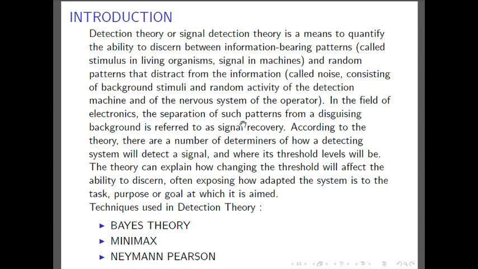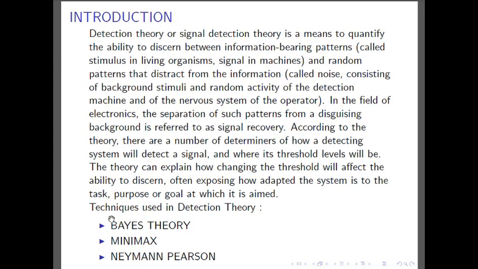According to the theory, there are a number of determiners of how a detecting system will detect a signal and where its threshold levels will be. The theory can explain how changing the threshold will affect the ability to discern, often exposing how adapted the system is to the task, purpose or goal at which it is aimed.